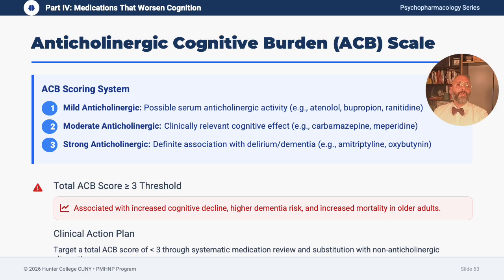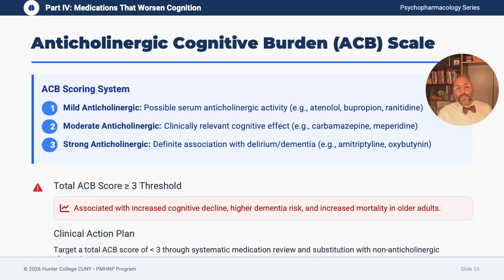Now, this slide introduces one of the most practical tools we have in identifying medication-induced cognitive harm. This is called the anticholinergic cognitive burden scale. The ACB scale assigns points to medications based on their anticholinergic activity. So a score of 1 reflects mild anticholinergic activity, drugs that may show serum anticholinergic effects but usually aren't the sole cause of impairment.